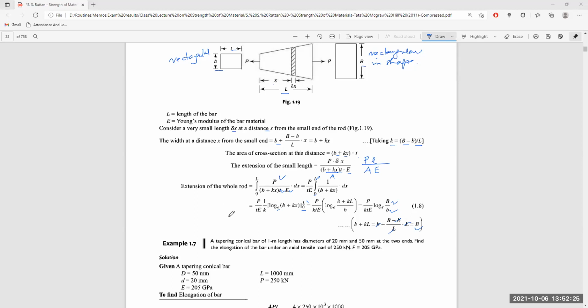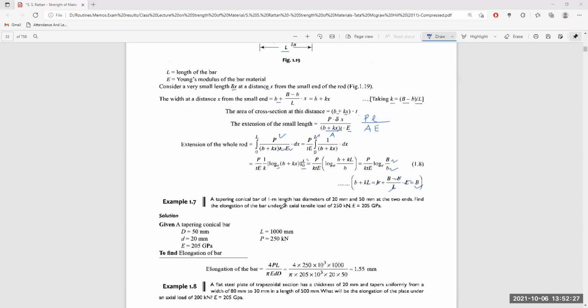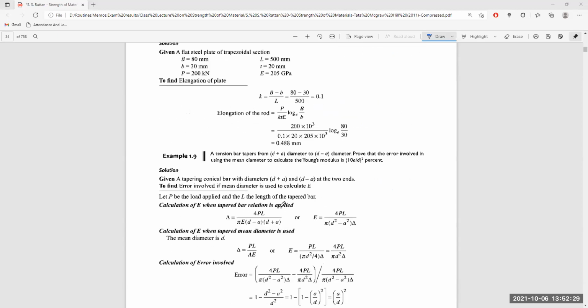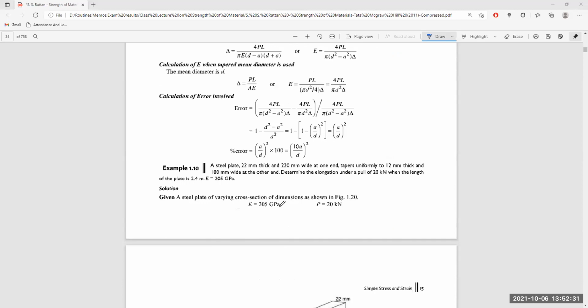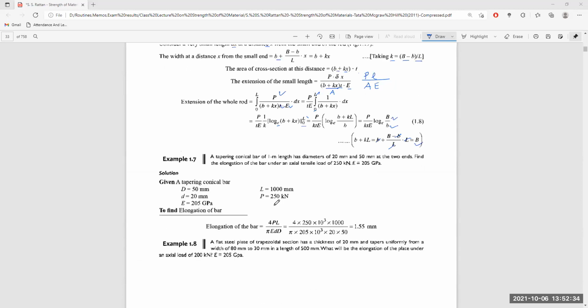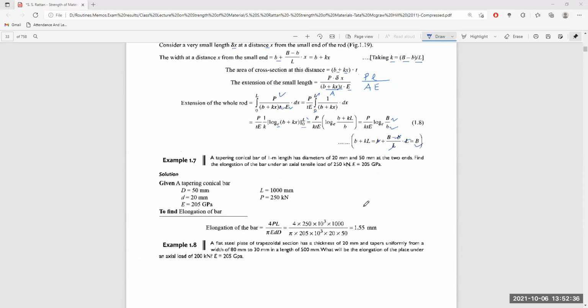Let us go through one practical problem here. Tapering conical bar.